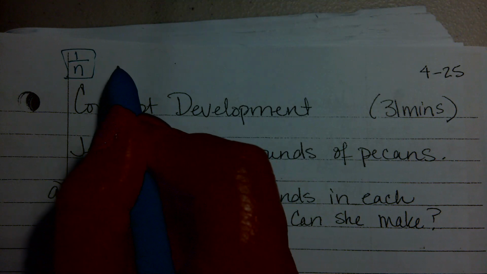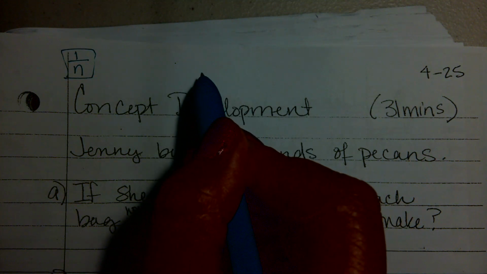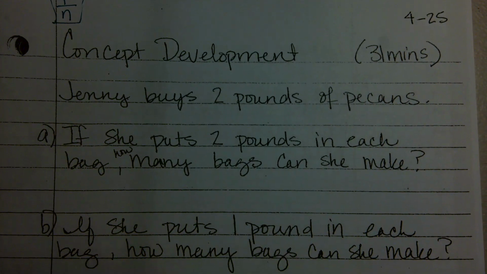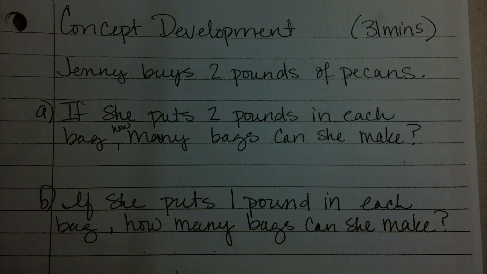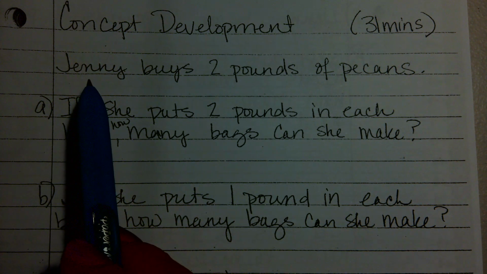How many fourths does it take to make one whole? What's 4/4, right? It makes one whole. So just remembering all of those things is going to help you through this lesson. Now we're going to be drawing some pictures or some models in order to represent our thinking. Let's go ahead and start.